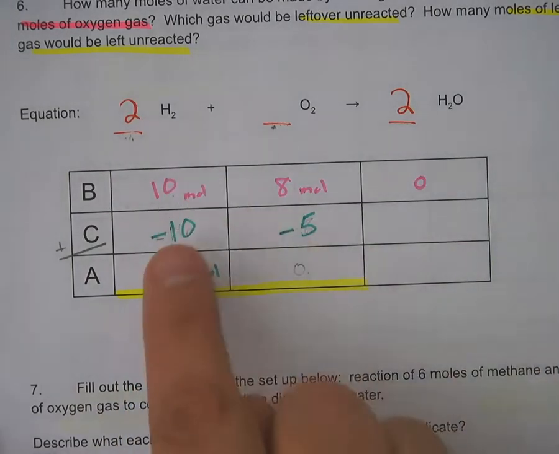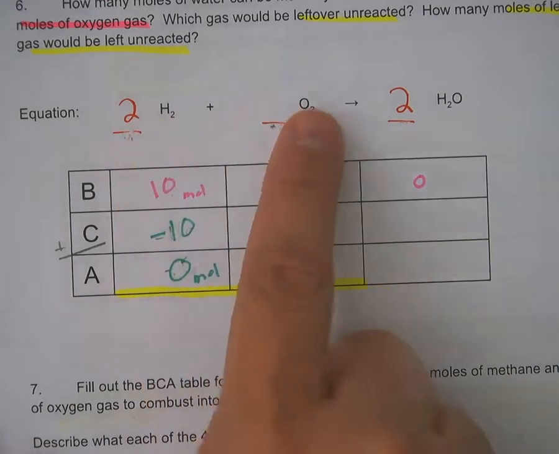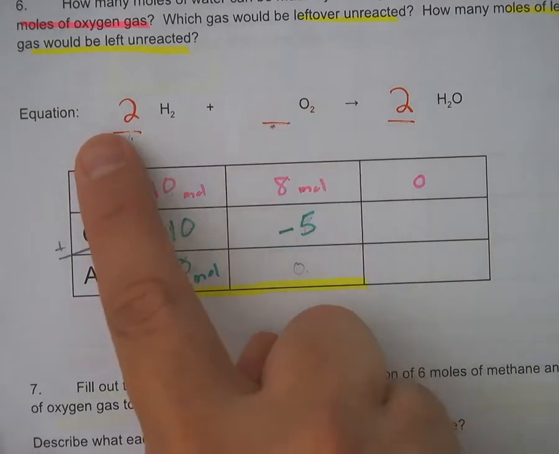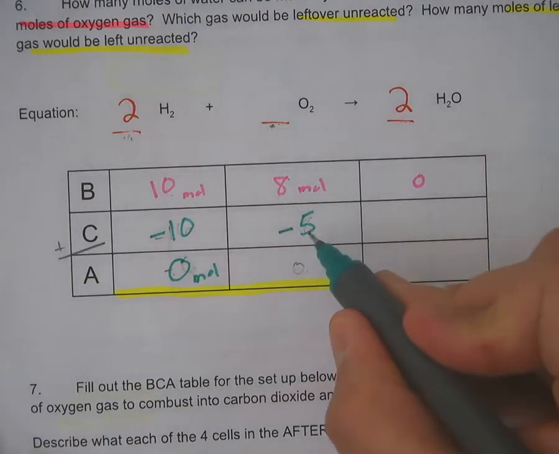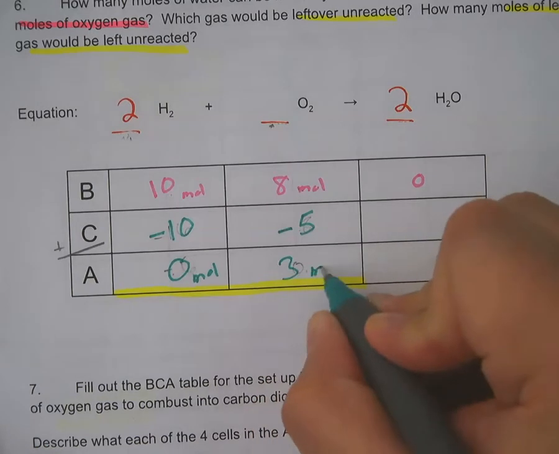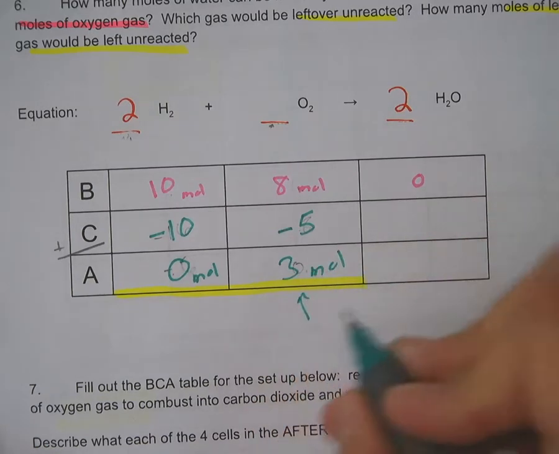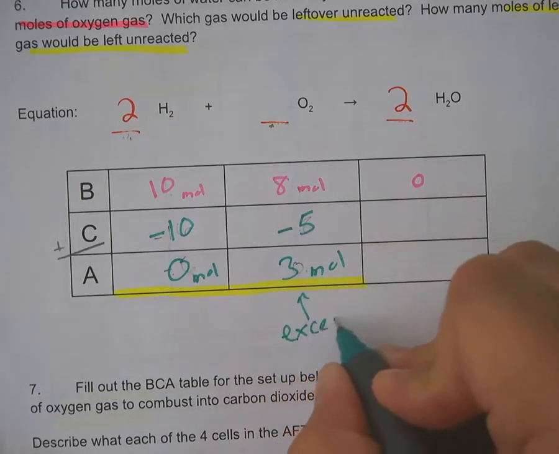So my hydrogen change has to be twice as big as my oxygen change because of the balanced equation. And if I have 8 and I use 5, 8 plus -5 is 3. This is our excess.